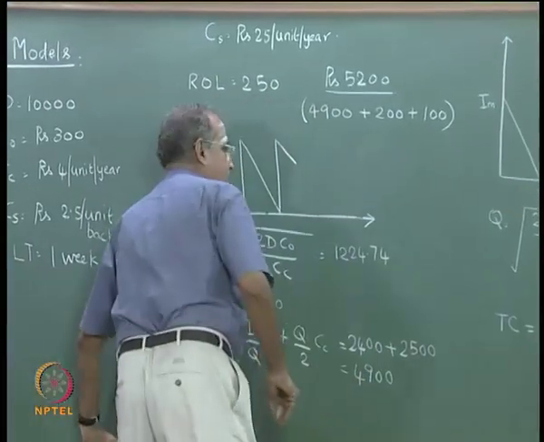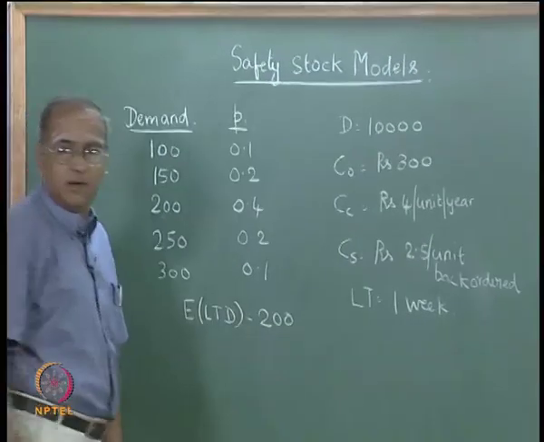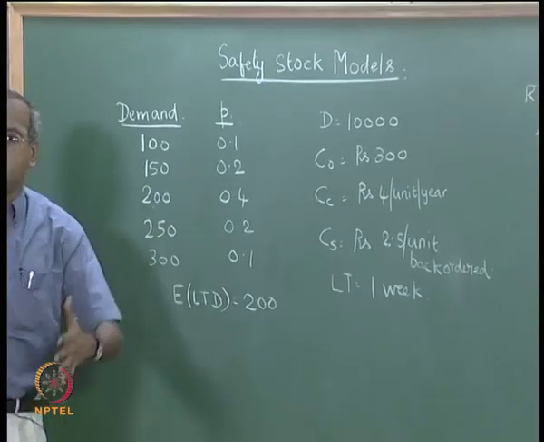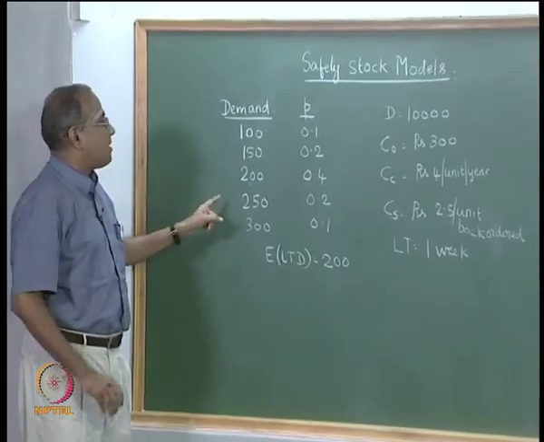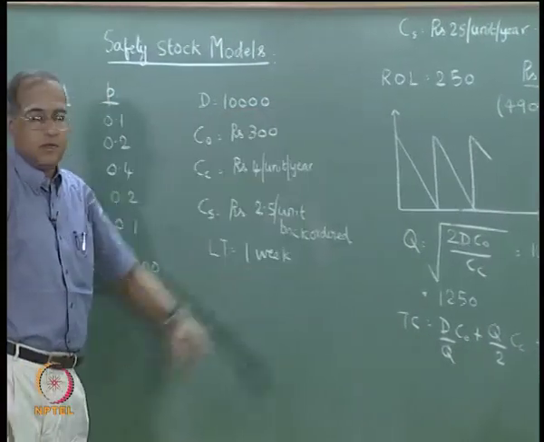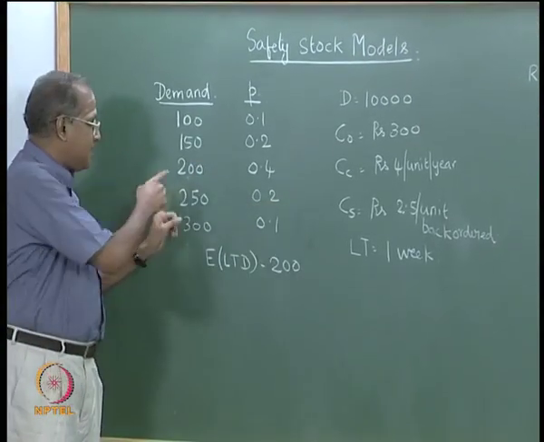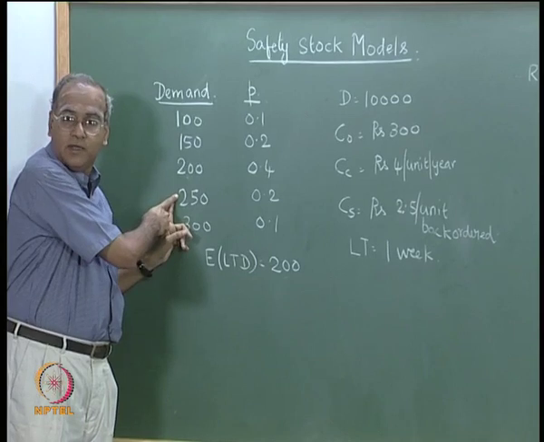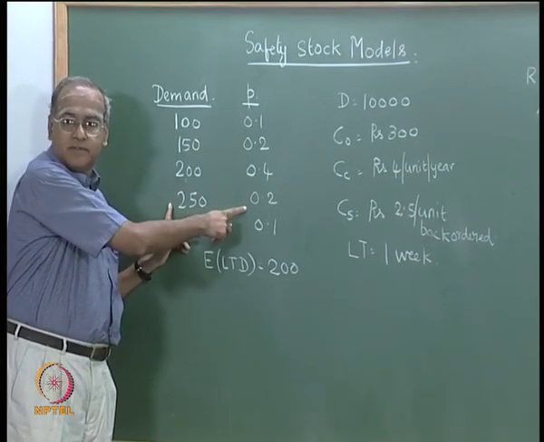Now let us proceed further to understand a few more things in this model. Now towards the end of the last lecture we also introduced the service level, and we said that by keeping a reorder level of 250, which means we will be able to meet the demand in every cycle as long as the demand is less than or equal to 250, which means we will be able to do it at a 90% service level.